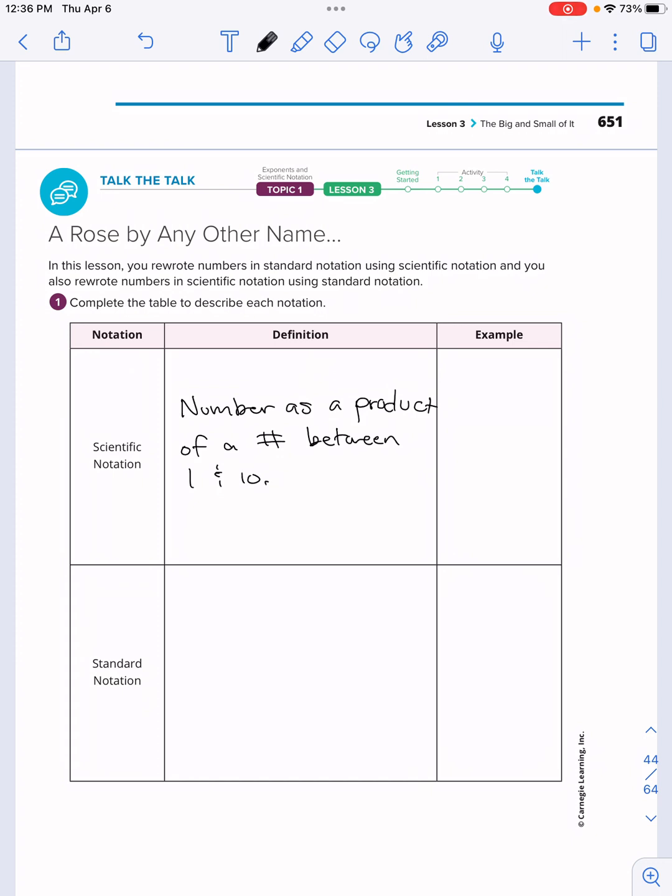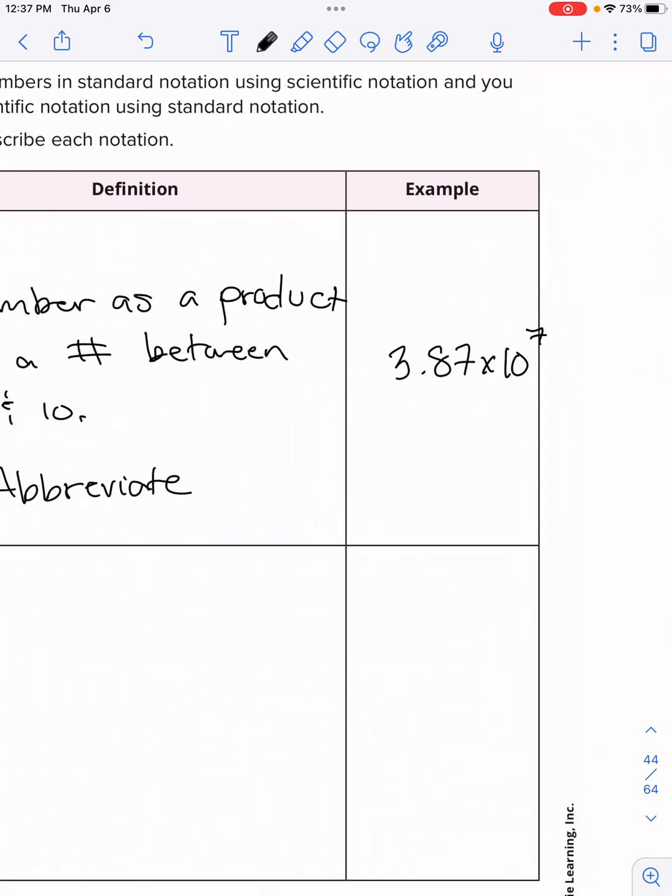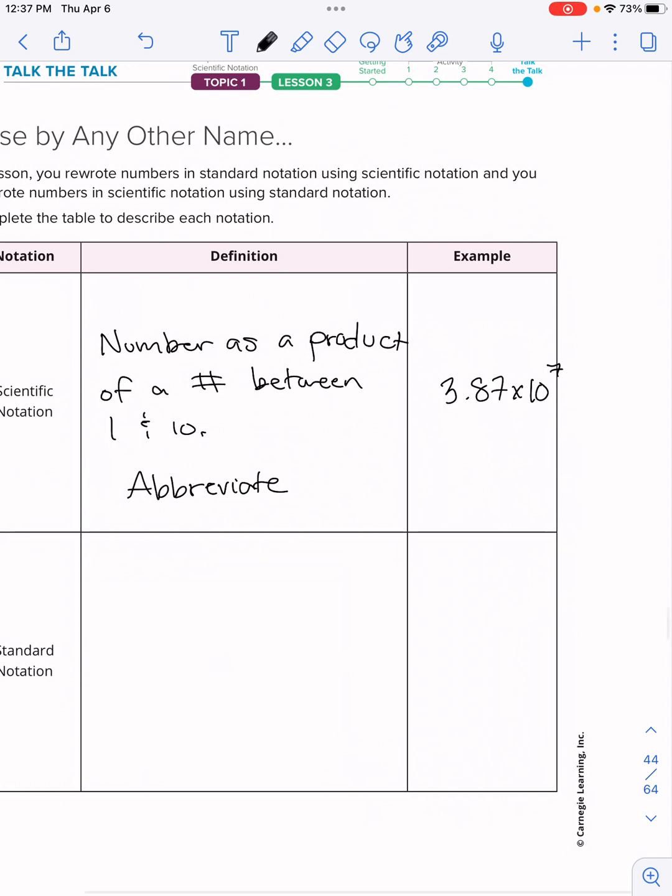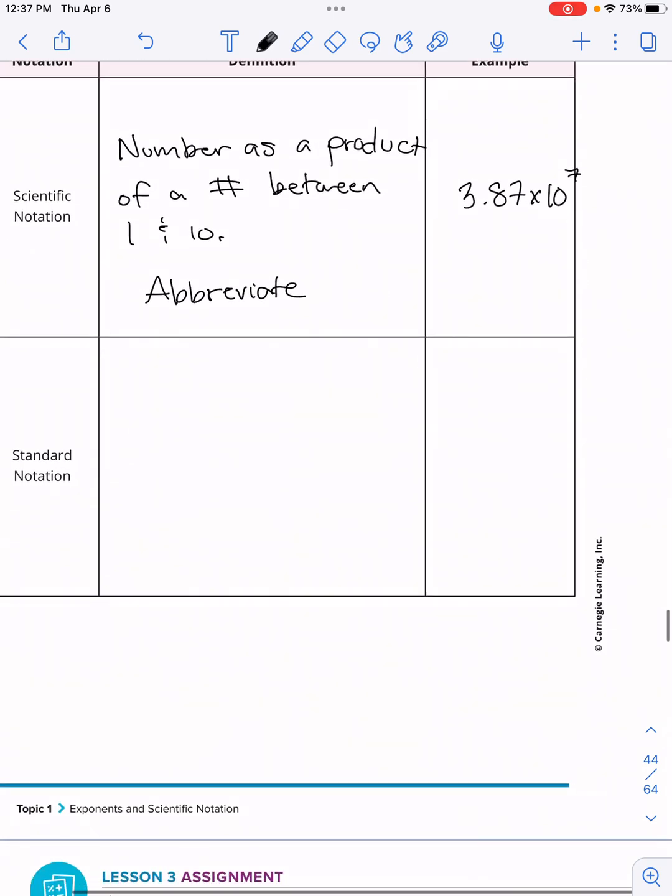All right, so it's a way to abbreviate. So an example could be 3.87 times 10 to the 7th power. Yep, that 3.87 is in between 1 and 10. And we have some type of characteristic or exponent to the 10th power.